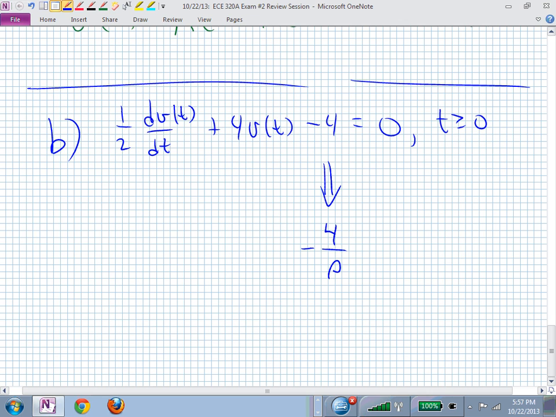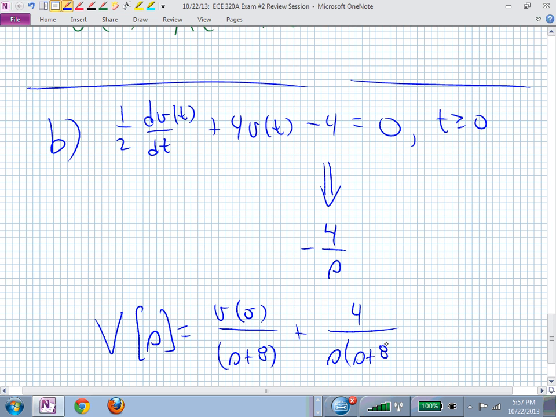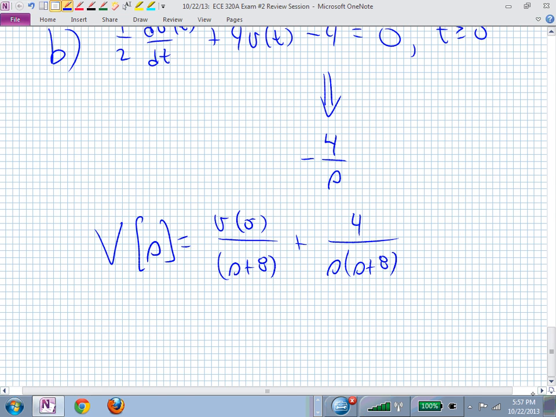So that V of s, if you go through the algebra, will be something like V of 0 minus over s plus 8, plus 4 over s plus 8. And now what's your structure for v of t?